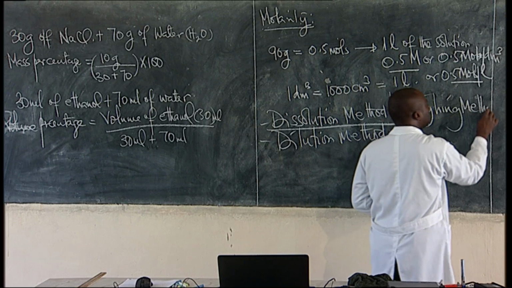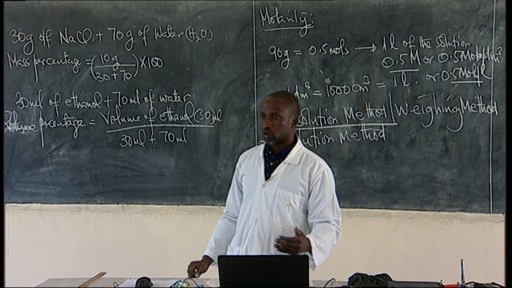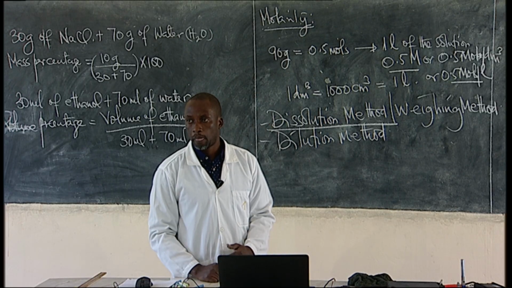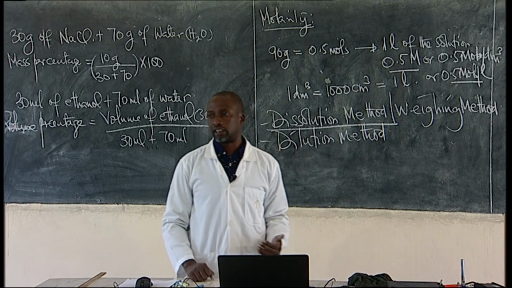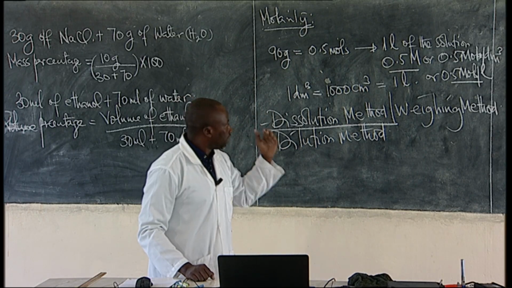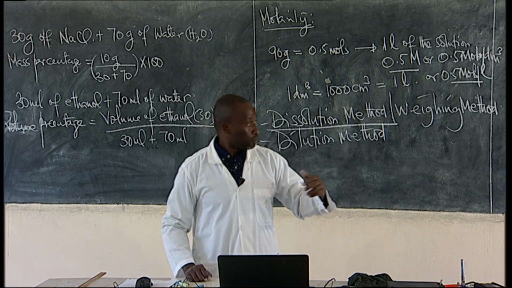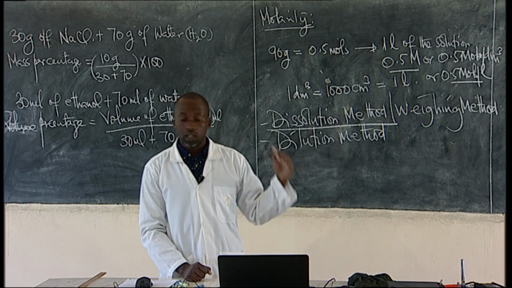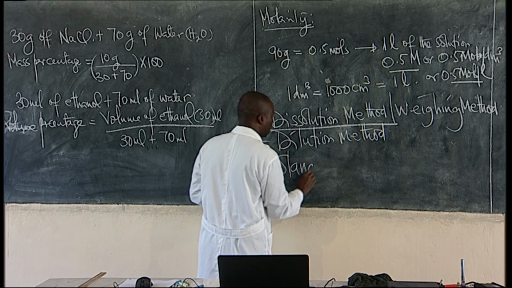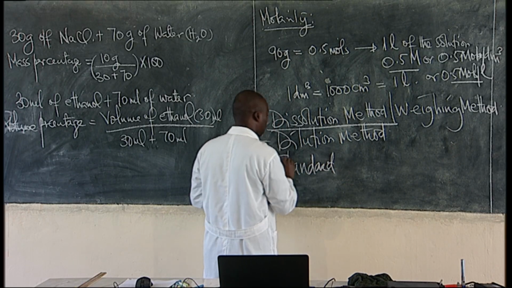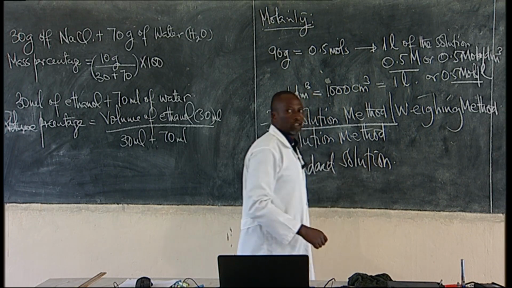The weighing method means that we have to take the weight of certain components. After weighing, if we are able to go through the steps, the solution that we make at the end of using this method is said to be a standard solution. What is this standard solution?